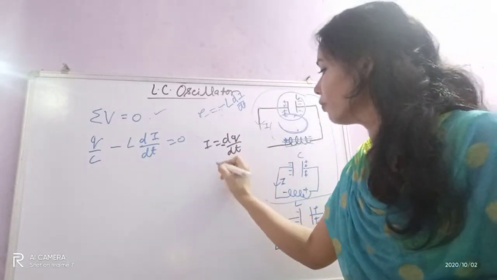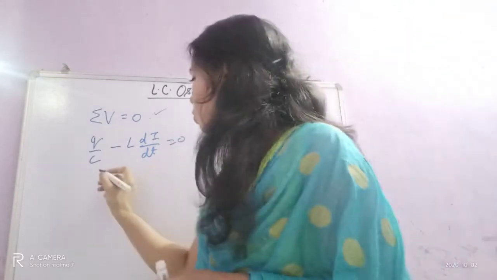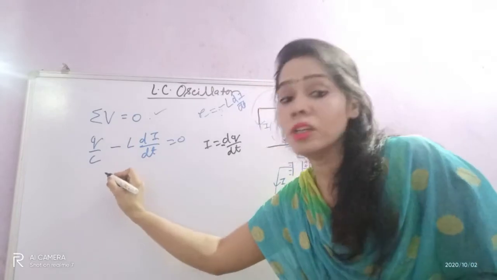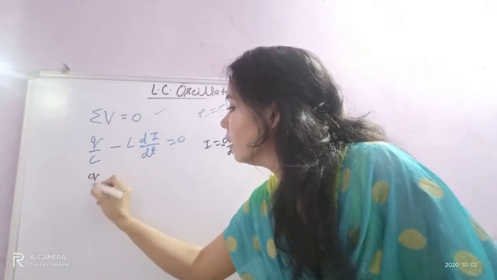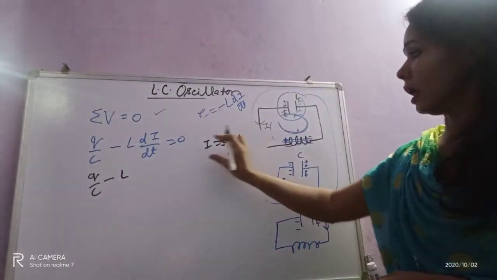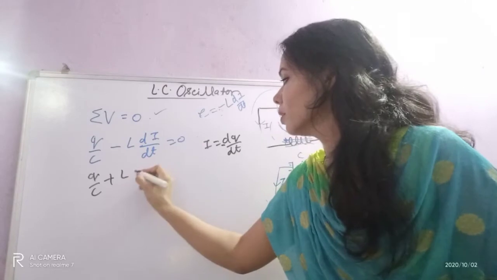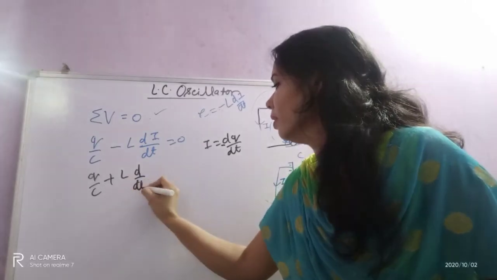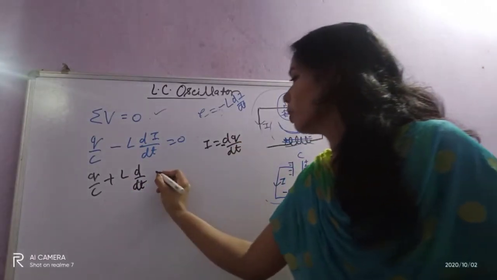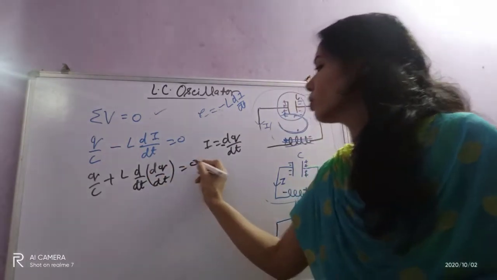Now see this expression: q by C minus L I. In place of I, this minus sign will become plus L d by dt. The value of I is dq by dt, so dq by dt equals 0.